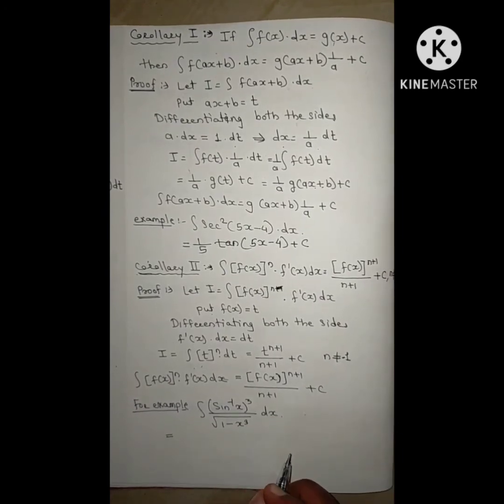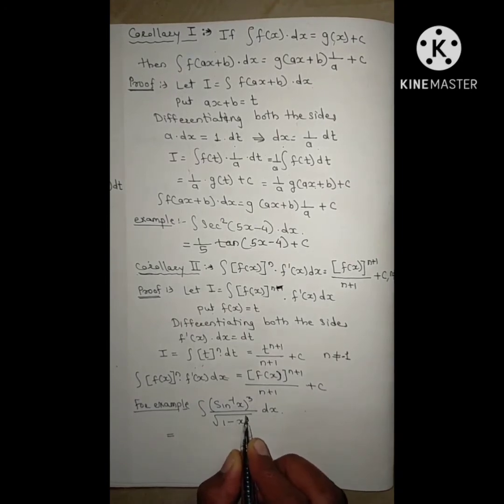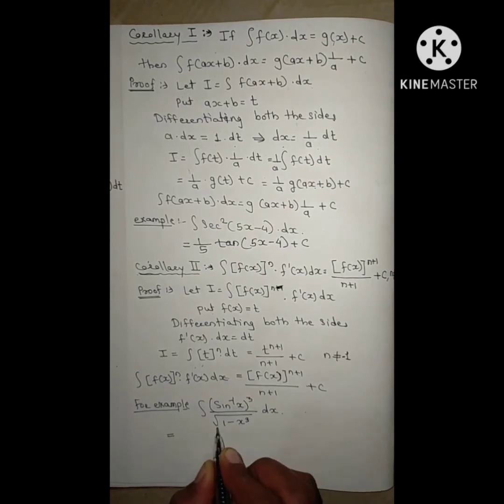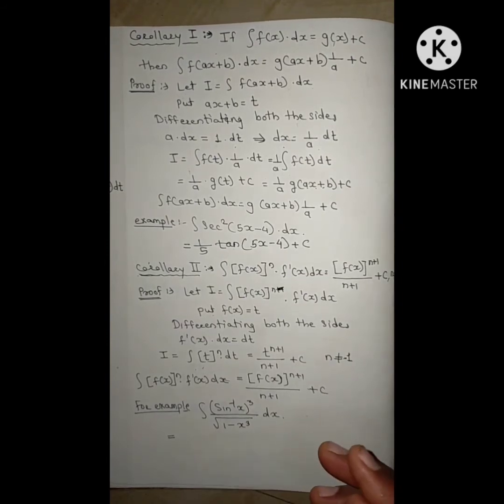Now we solve this example. Integration of sine inverse of x raised to 3 divided by under root 1 minus x square into dx.